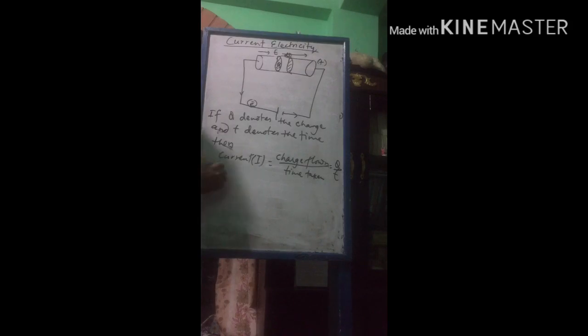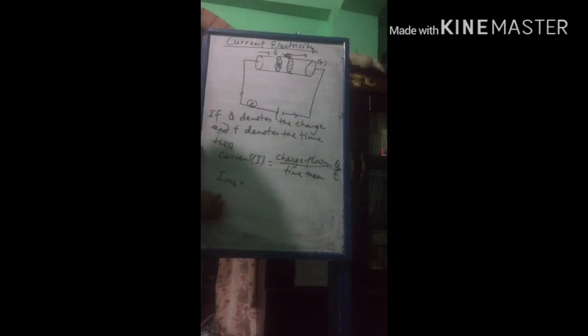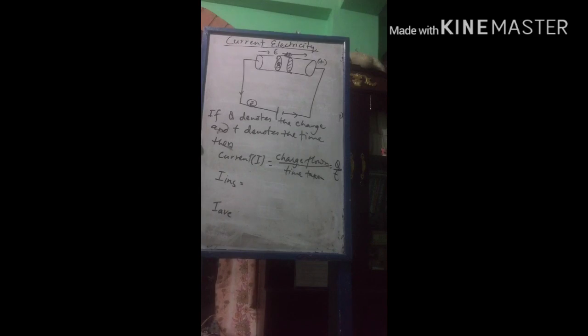So current may be instantaneous, meaning charge flown at an instant, in a particular time, or the next one is average current, which we can find from how much charge has flown in a given time interval. So current can be instantaneous or average.